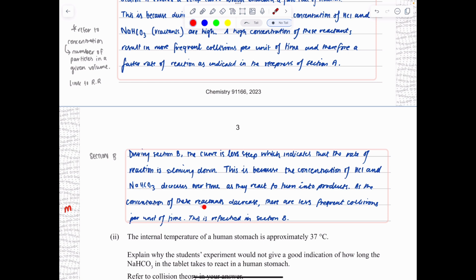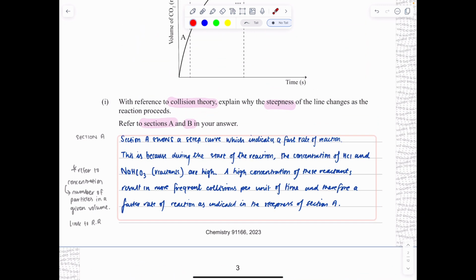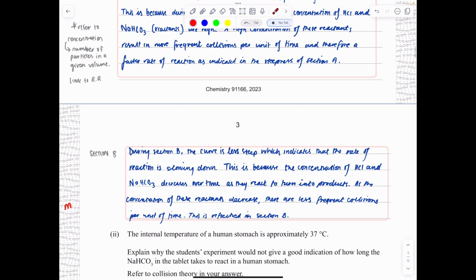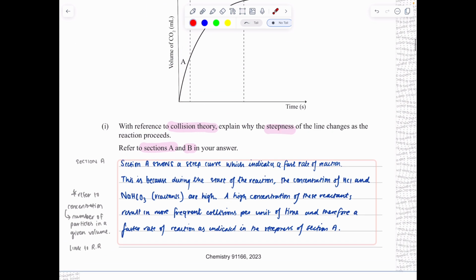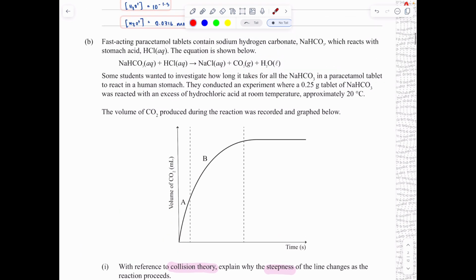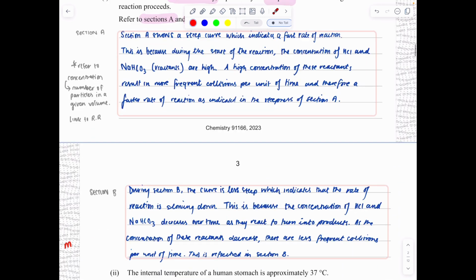As the concentration of these reactants decreases, there are less frequent collisions. So we're linking back to what the question has asked us in terms of collision theory, per unit of time. This is reflected in section B. Okay, that would have earned you a merit. So we've talked about everything that has been highlighted and referred to the graph and the actual chemicals in the equation, and that should get you a lovely merit.